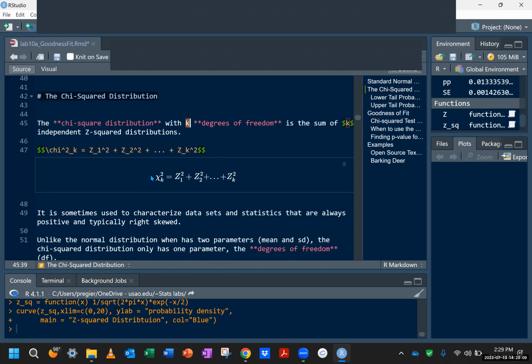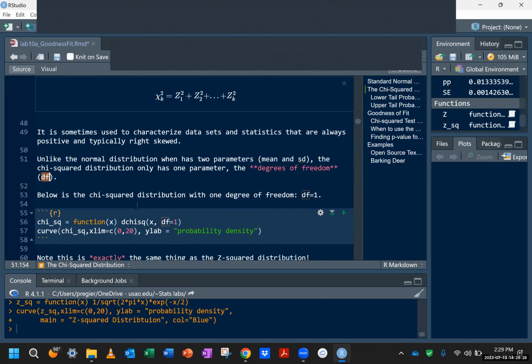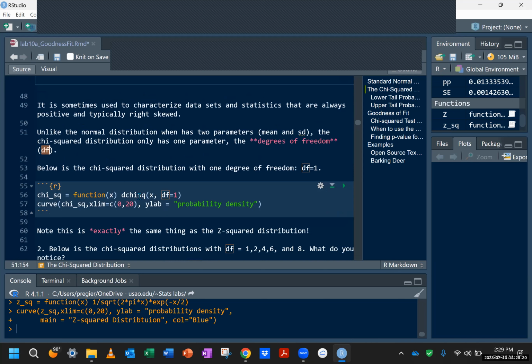Chi-squared. Occasionally I slip and say chi because that's what it looks like, but it's chi-squared. Unlike the normal distribution, which has the mean and standard deviation, the chi-squared only has one parameter: degrees of freedom, or df. The way we can plot the chi-squared is using some code I have here.